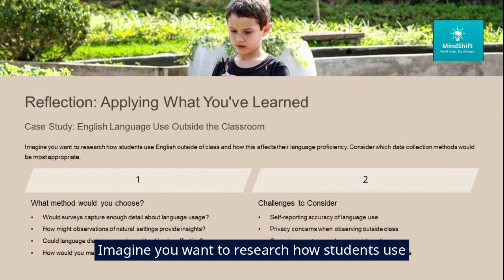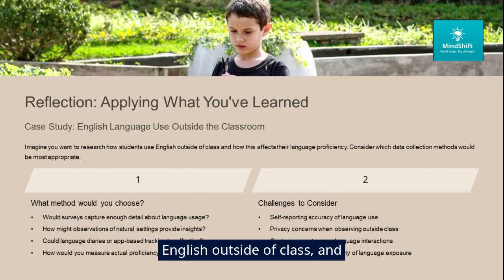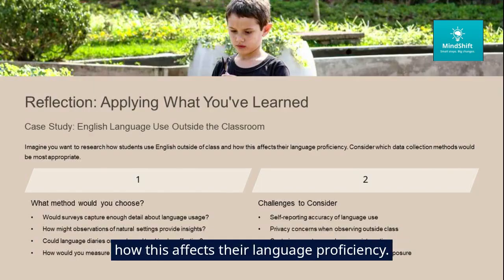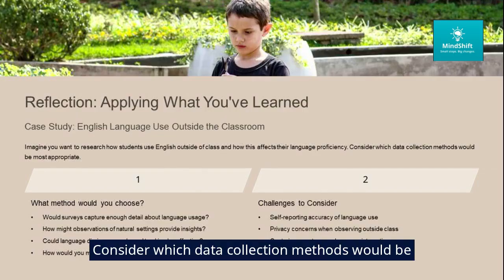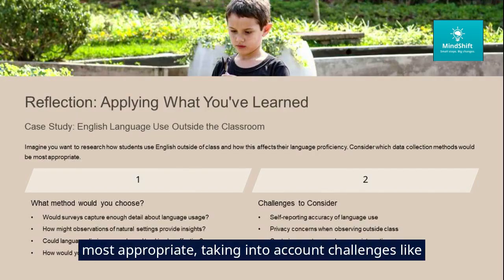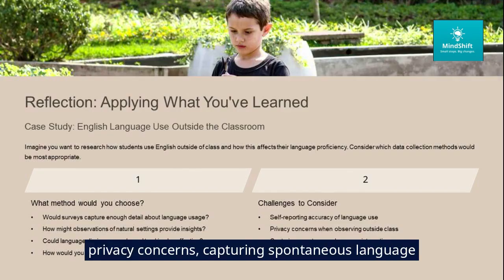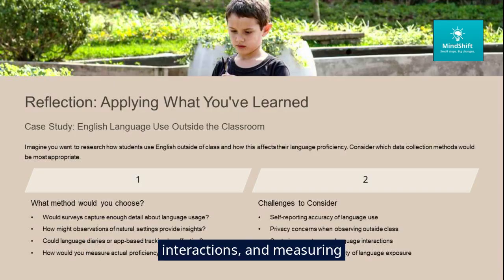Imagine you want to research how students use English outside of class and how this affects their language proficiency. Consider which data collection methods would be most appropriate, taking into account challenges like privacy concerns, capturing spontaneous language interactions, and measuring quality of language exposure.